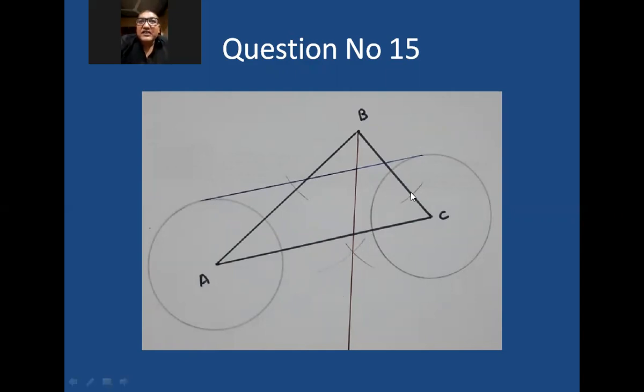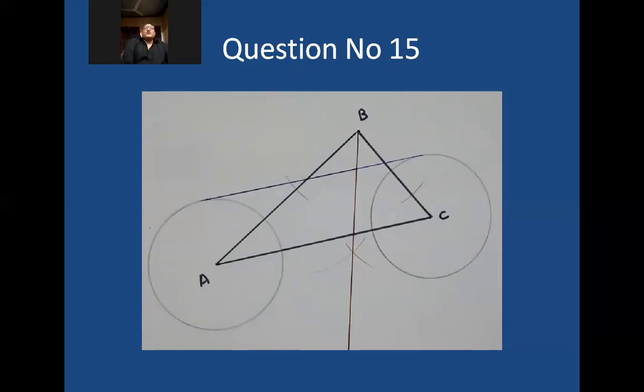And then put the needle on the mark on the other arm, and draw an arc here. Where these two arcs meet, join that point with the vertex. So you can see I have drawn this red line. This red line is basically the angle bisector of the angle ABC.